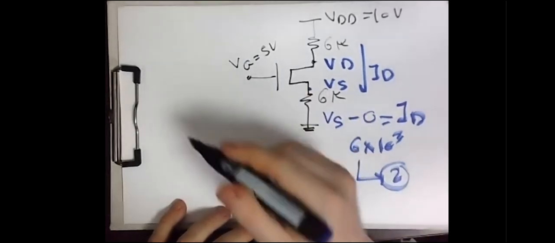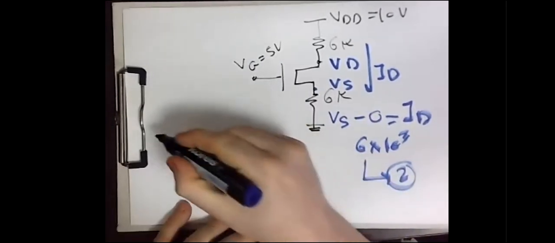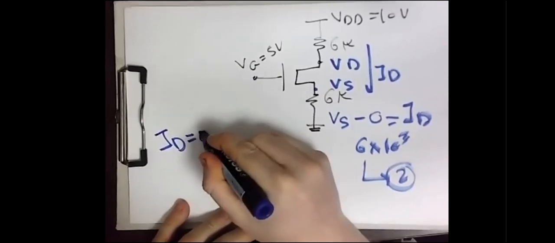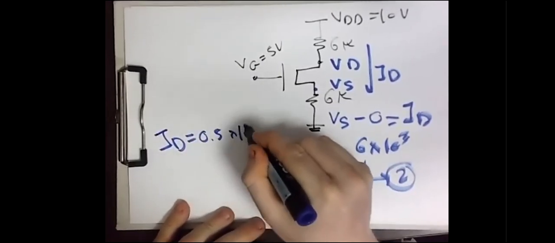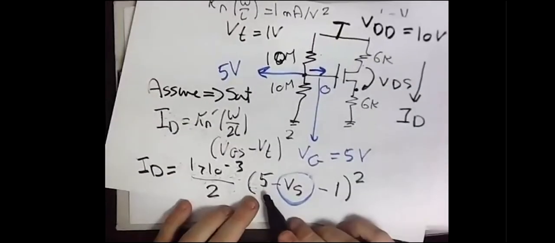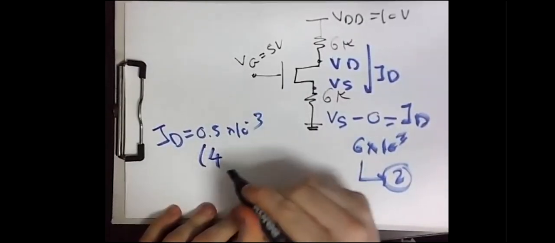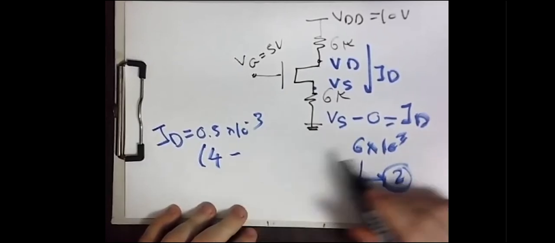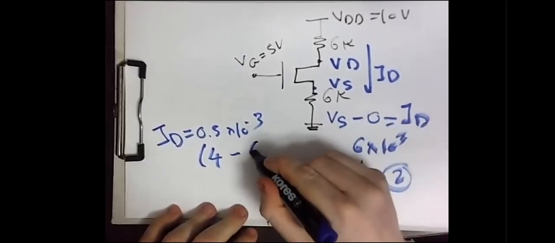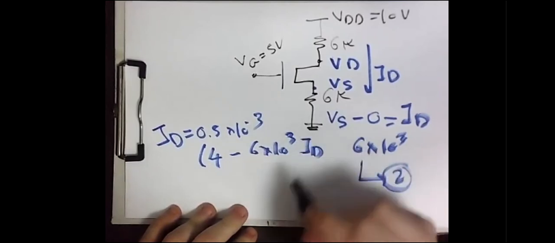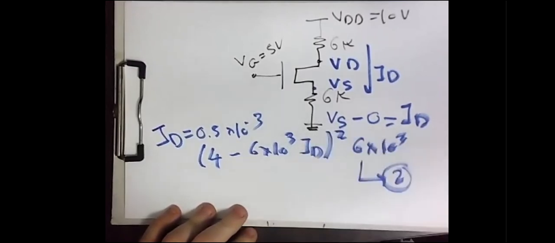So accordingly, you will have an equation saying that ID equals 0.5 times 10 power negative 3, which is simply 1 over 2 times 10 power negative 3. We have 5 minus 1, which is 4. So 4 minus 6 times 10 power 3 times ID, whole square.